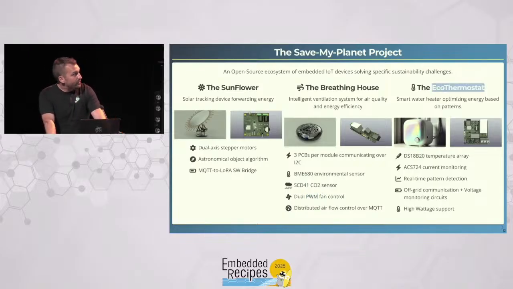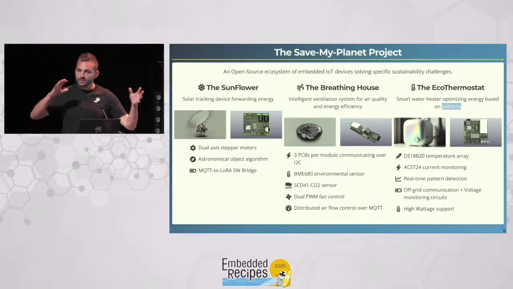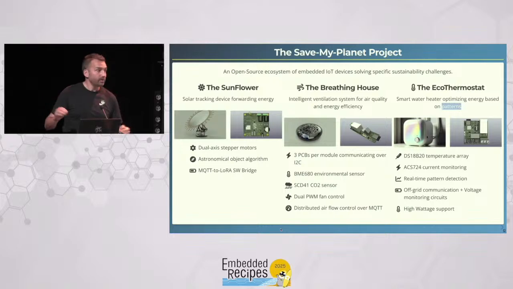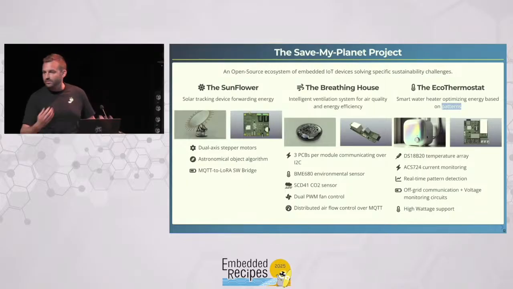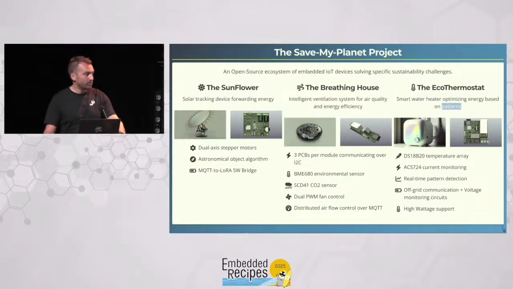Last but not least, we have the EcoThermostat, which is a thermostat. Basically, everybody has a water heater at home, and the idea is to replace the thermostat of your water heater, and from day one, you would almost halve the energy consumption of your water heater.